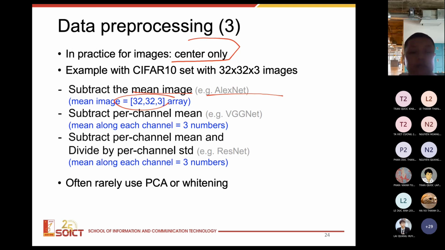For VGGNet, they subtract the mean, but the mean is calculated for each channel. So if you have 3 channels, then you have 3 numbers for the 3 channels to subtract from the sample. Or you can subtract the per-channel mean and divide by the per-channel standard deviation.